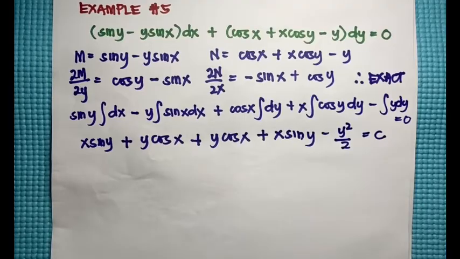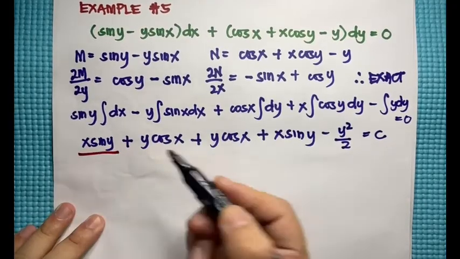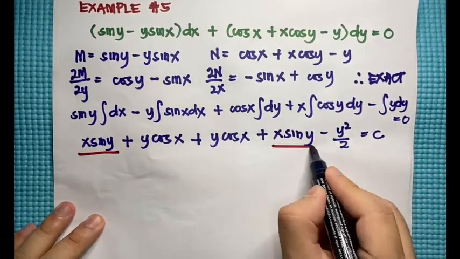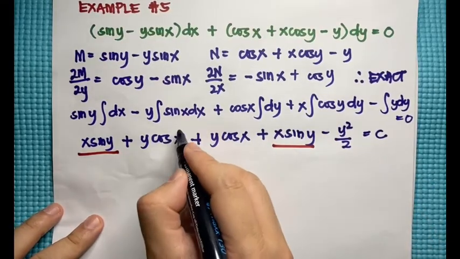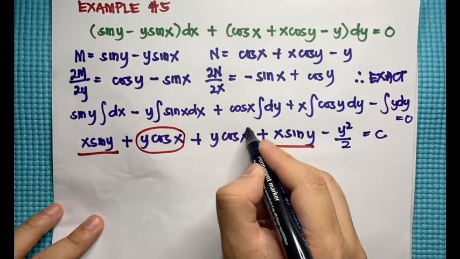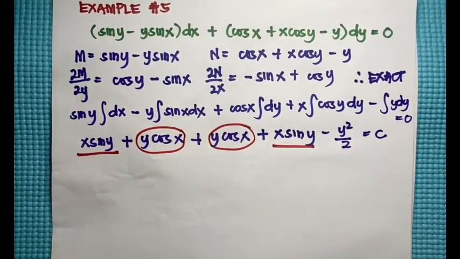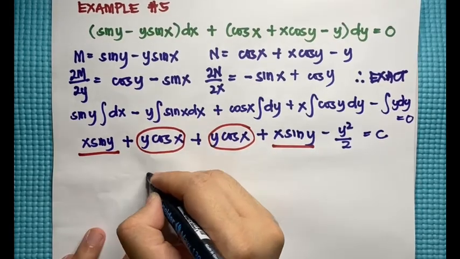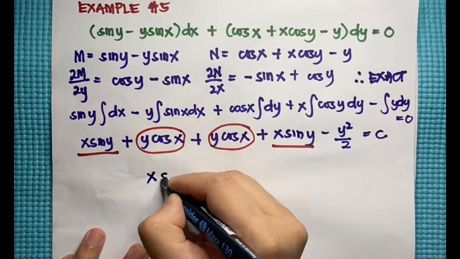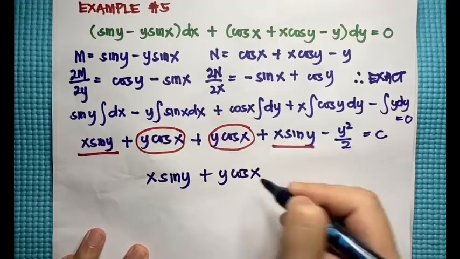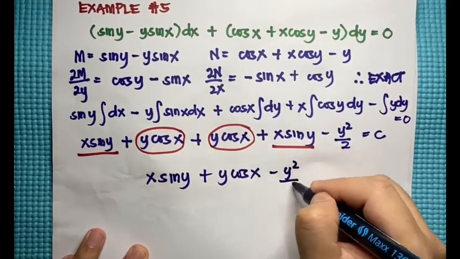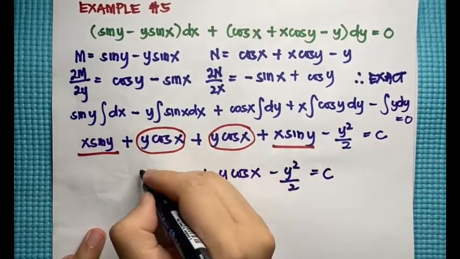And again, x sine y and x sine y are the same, so those could be grouped. Similarly, y cosine x and y cosine x are the same, so we can group them as well. So giving us the equation x sine y plus y cosine x minus y squared all over 2 is equal to c.